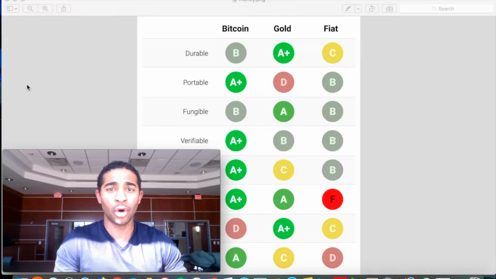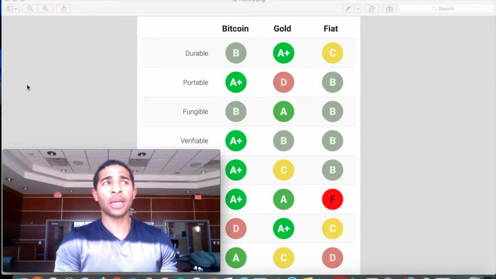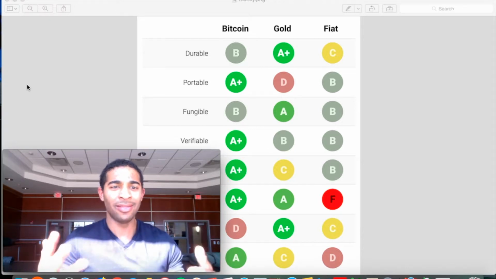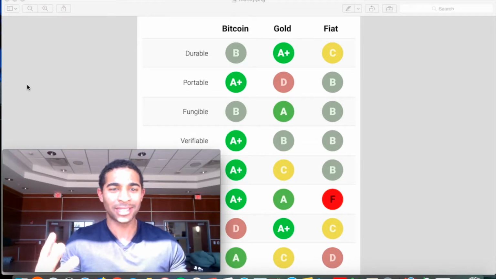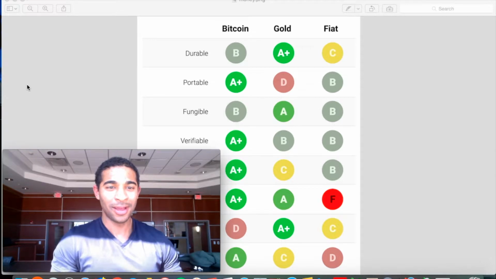But even gold, throughout history, kings have diluted their currencies by not actually giving the correct percentage of gold in the coins, right? So basically they mix in other elements. Gold-plated tungsten has been used to trick people into thinking that this is gold, right?